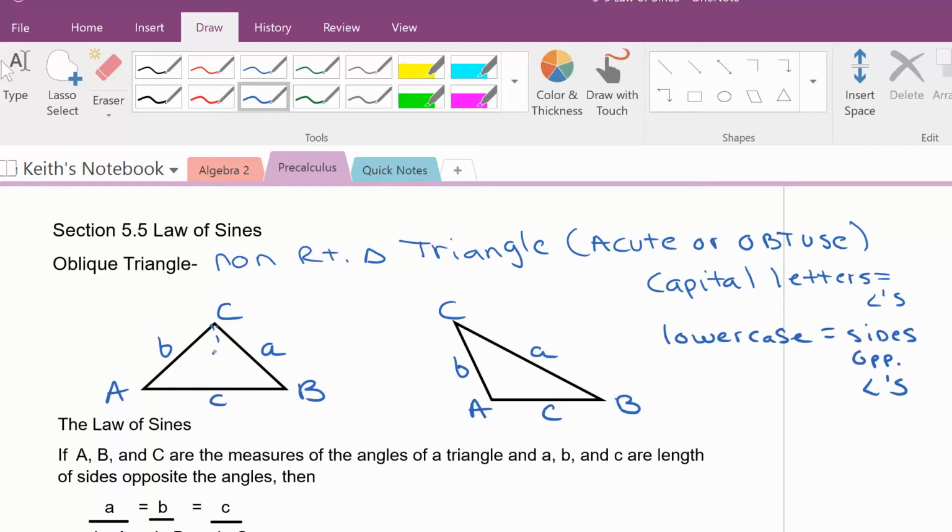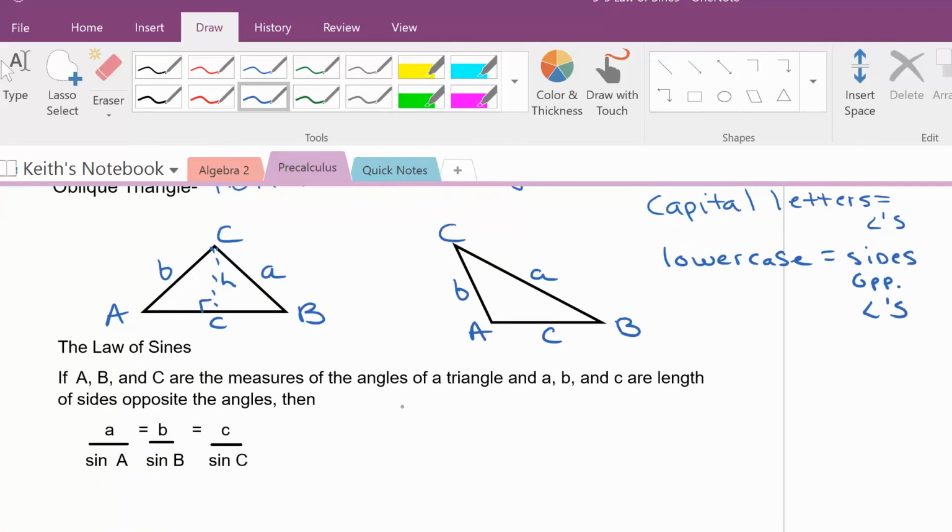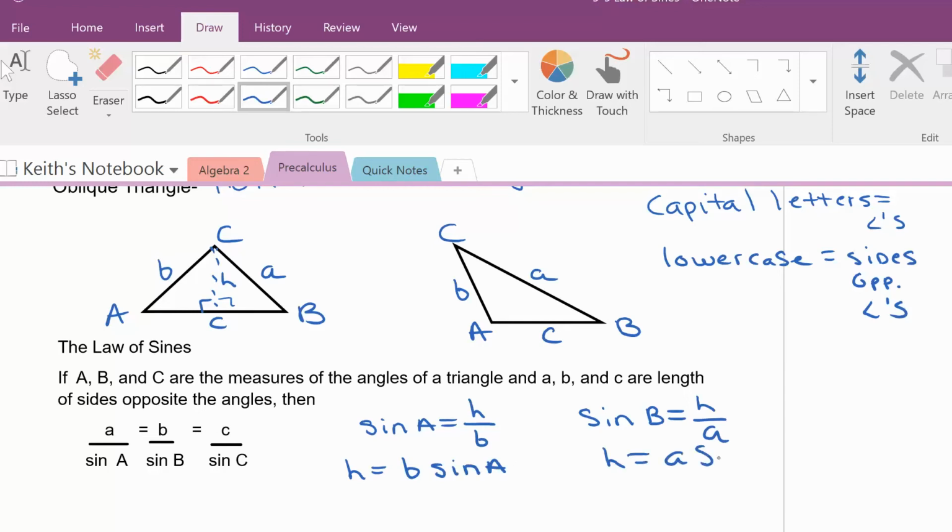So the reason why the law of sines works is because if you draw the height of this triangle here, then in either one of these, you could have sine of A equals h over b, and you could also have sine of B equals h over a. And so if you solve for h, you get h equals b sine A, and h equals a sine B. Set them equal to each other because they're both equal to h.